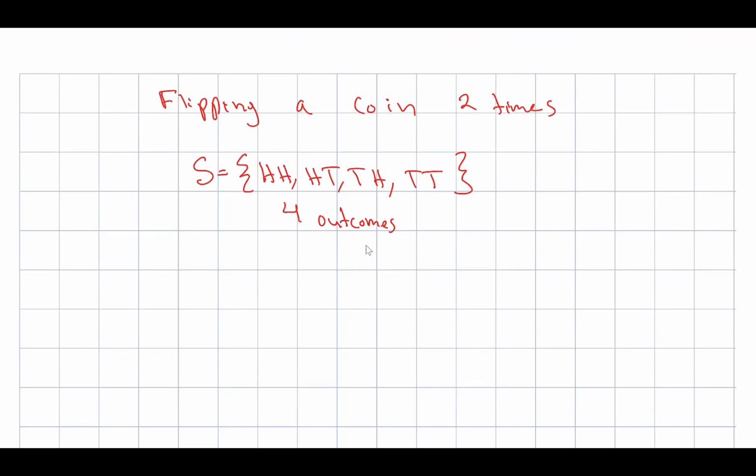So say for this one, if you look at it, we did multiple selection because essentially we're flipping this coin twice. So say we want to find the probability the first time we flip the coin, so I'm going to be very explicit here, we say first time we flip a coin, we get heads.